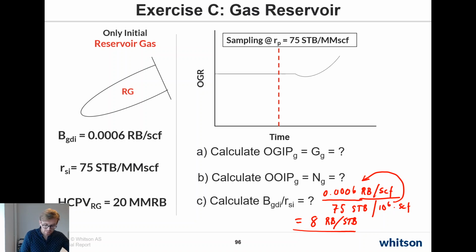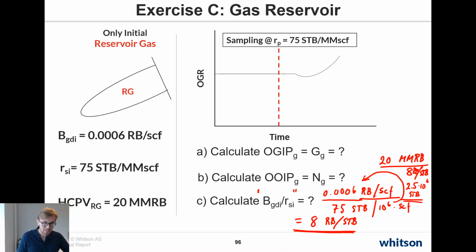And to calculate the original oil in place, we simply take this fictitious BOI, and we take 20 MMRB and divide by 8 RB per stock tank barrel. Okay, my calculation skills in my head are not the best, so I'll do that quickly, and then you get 2.5 million, so 10 to the 6th stock tank barrels.